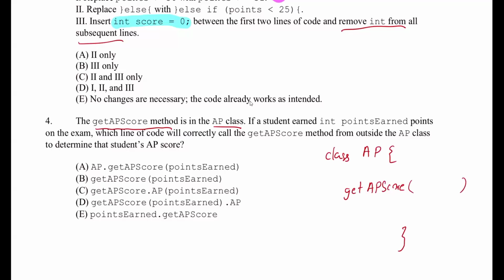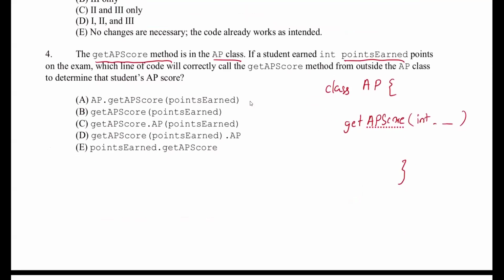If the student earns this point on the exam, which line of code will correctly call this method from outside of the AP class? Which means that you need to pass the point in here. So this will receive some integer value.